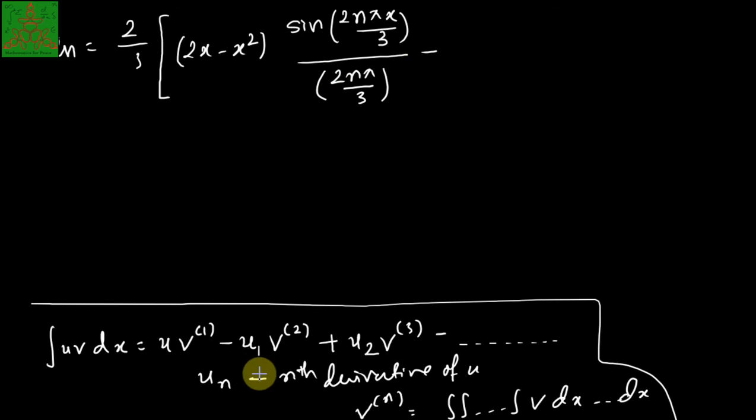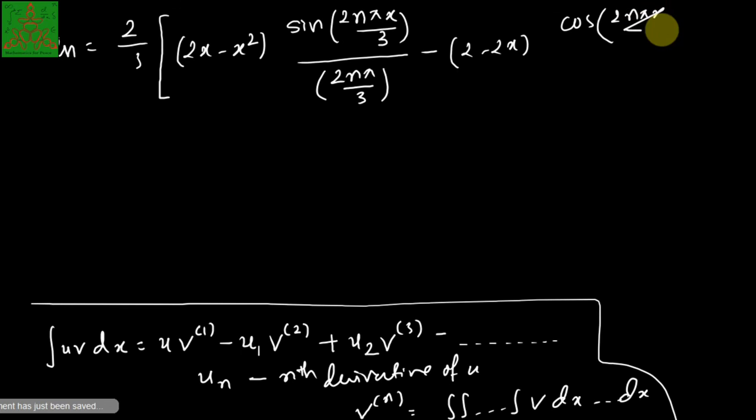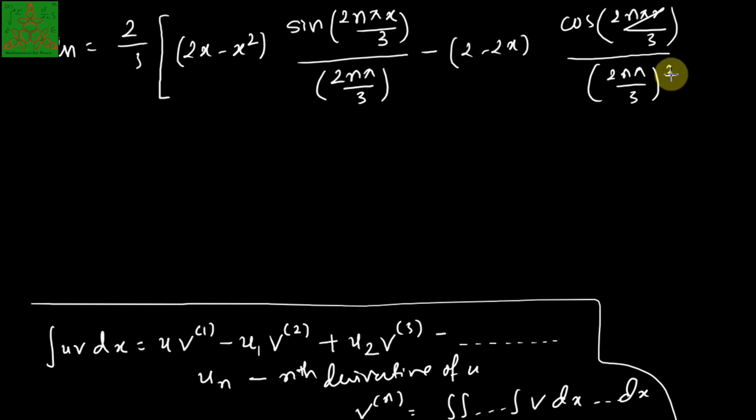Then it is minus sign, the derivative of this quantity, which is 2 minus 2x, and the integration of this quantity, which is cos 2n pi x upon 3 upon (2n pi by 3) square.